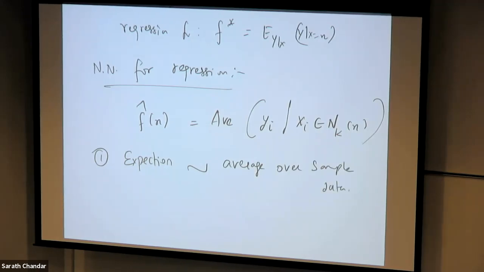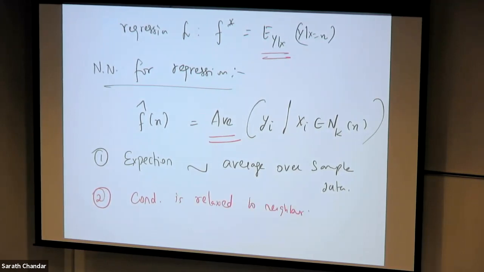Right? So you can see that the regression function tells the best possible answer is the expected value of y given x. Now, instead of the expected value of y given x, nearest neighbor is taking an average, which is kind of like a sample expectation. It's expectation based on a sample, right? The second difference that you see here is conditioning is relaxed to neighbors.